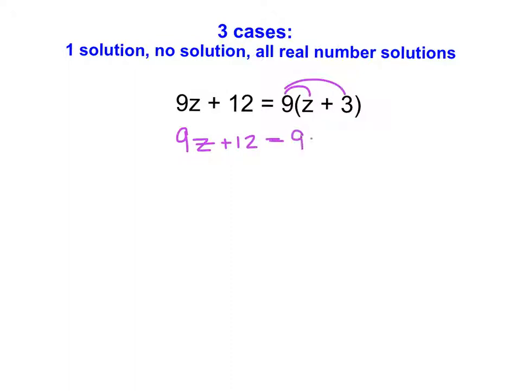So here we have 9z plus 27 on the left-hand side. And then from here, your next step is you need to combine like terms on each side, which if you look, no like terms to combine here, no like terms to combine here, so they're completely simplified on each side. And then from here, we need to start getting all of the variables together on one side of the equation.